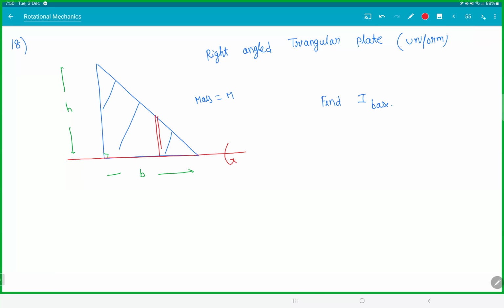I will take thin rods like this, and then I know the moment of inertia for thin rods, and then I'll add it up. Think, I'll give 2 minutes. Try to figure out the main parts.